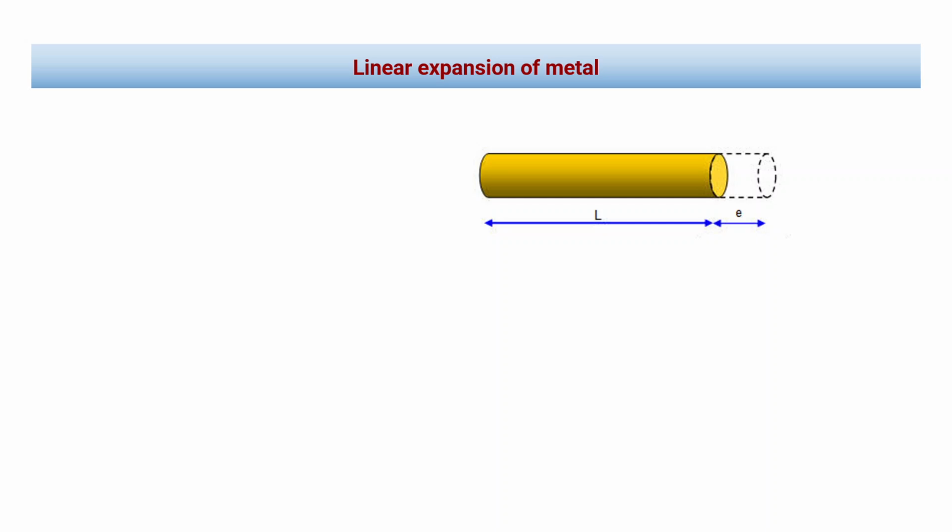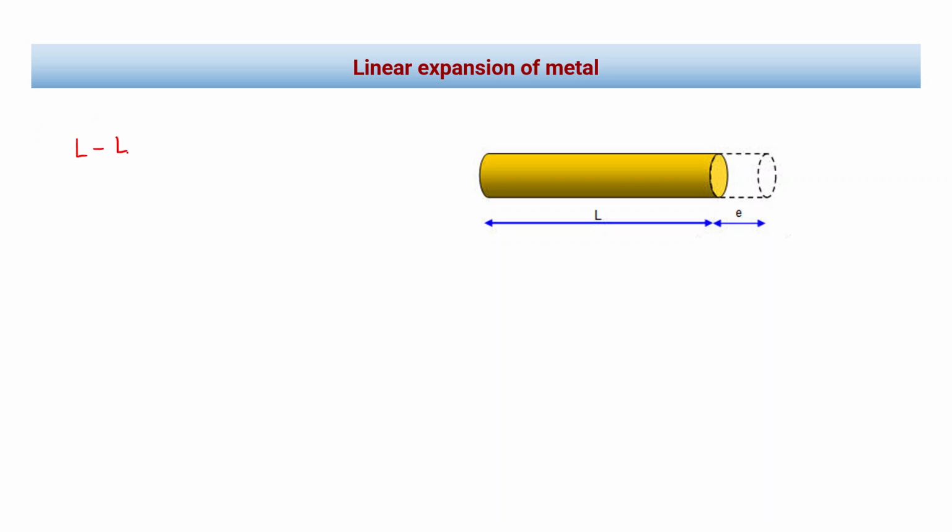When we talk about linear expansion of metal, consider a metallic rod as shown in the diagram, which at some particular temperature has length L, and after heating to some higher temperature its length increases.